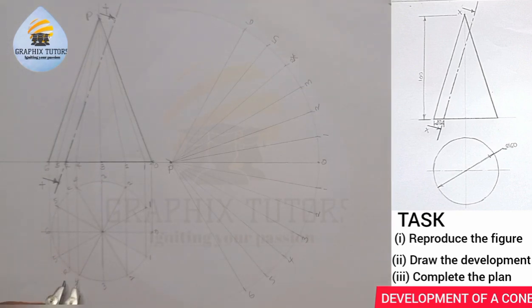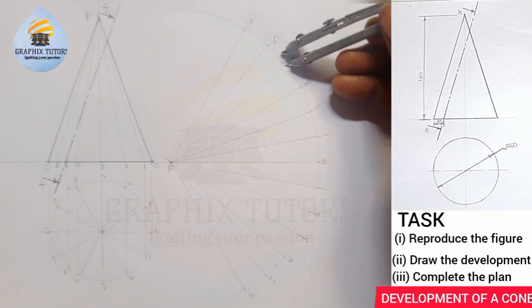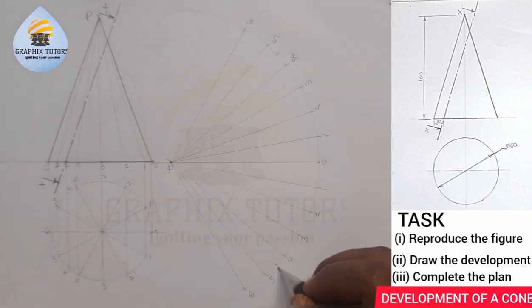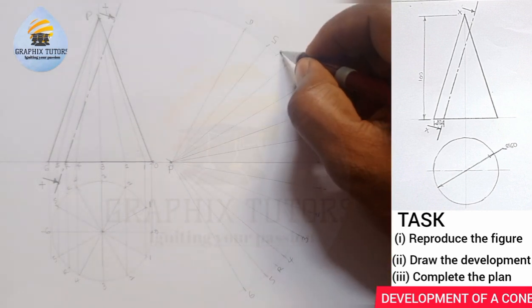So what I'll do to get point A on this platform here is that A is between 5 and 4. So if I take the radius from 4 to A, it is here. Can you see that? And I'll come in between 5 and 4. From 4 to A, this is what we have here. So this point I marked there is my point A. And this is my point A too.